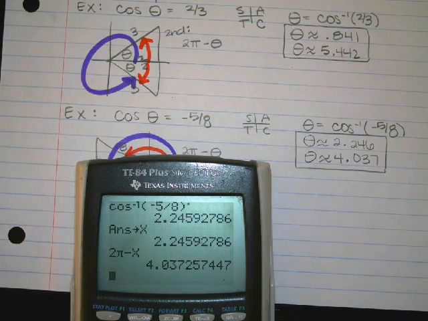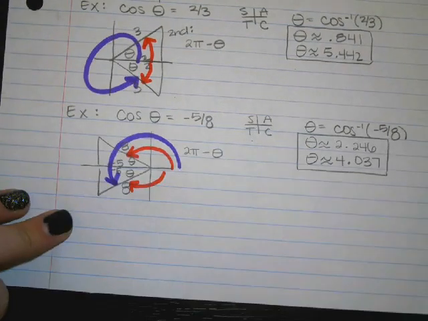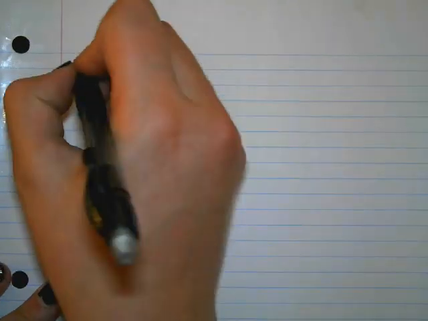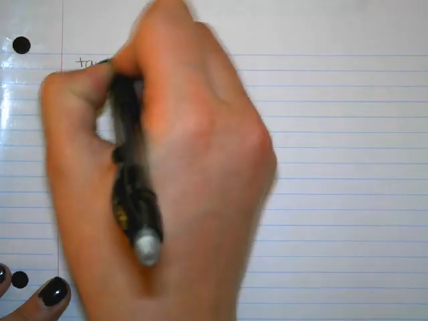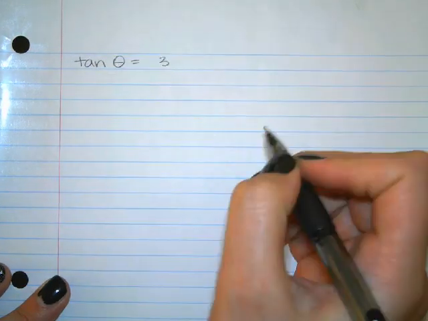All right, and then I also want to do tangent examples. So, two more to get our shortcuts all in. First we're going to do tan theta equals 3.